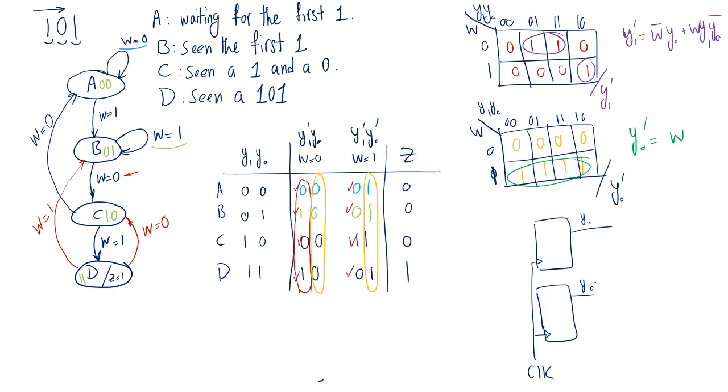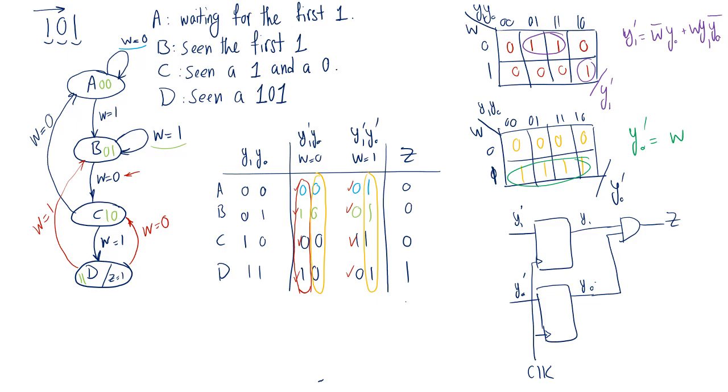So y0 and y1. So when do I get an output that is 1? Well, when both of them are 1. So just an AND gate. So Z here. And then with the input, I'm going to have y1 prime and y0 prime.